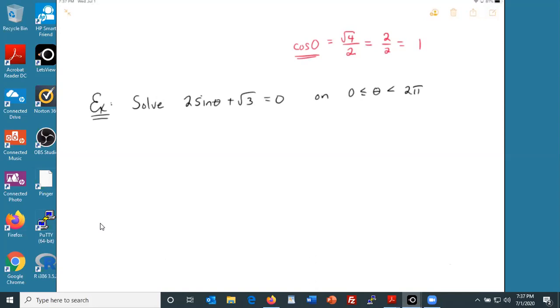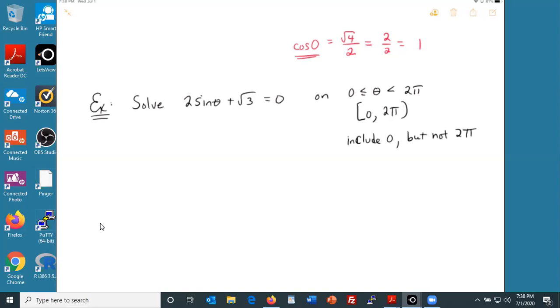So if we were to put that in interval notation, that would be a bracket at 0 and parentheses at 2 pi. Now what that means is, include 0 if it's an answer, but not 2 pi. Why is that? So we include 0, but not 2 pi.